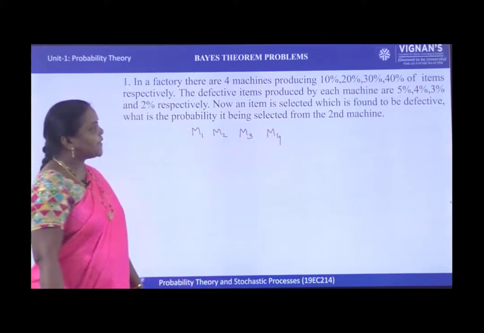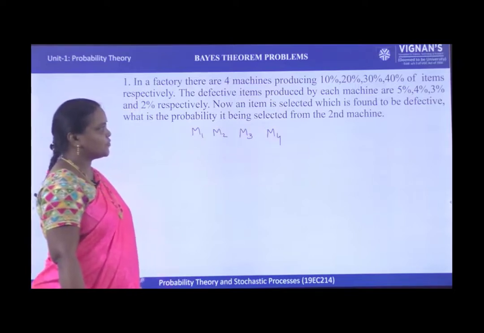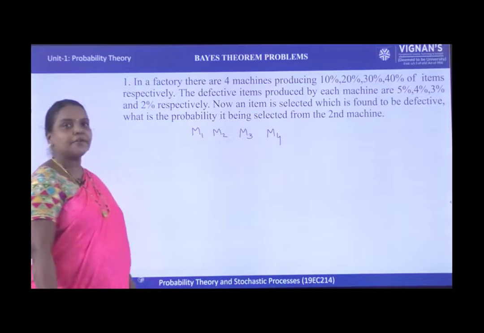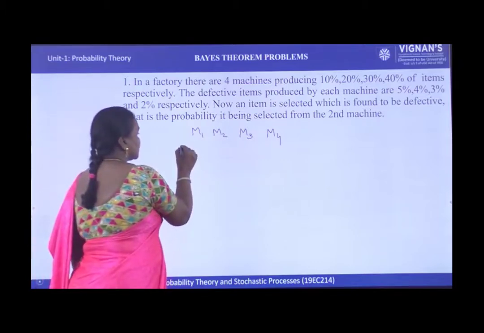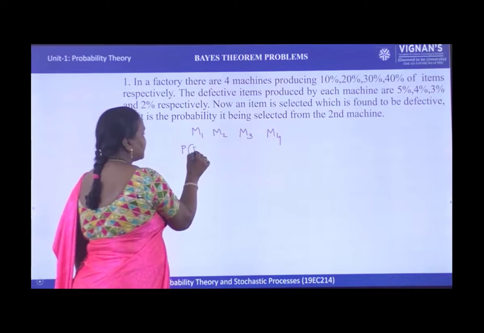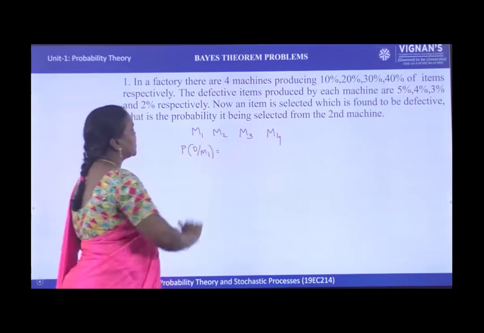The defective items produced by each machine are 5%, 4%, 3% and 2% respectively. So what is P of defective from machine 1? If it is a machine 1 product, what is the defectiveness?